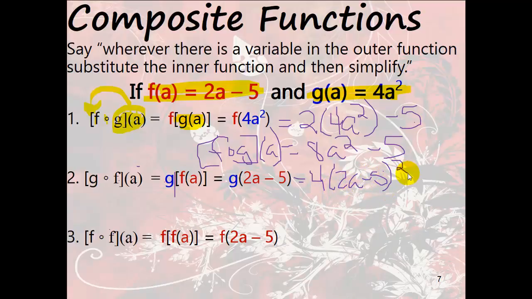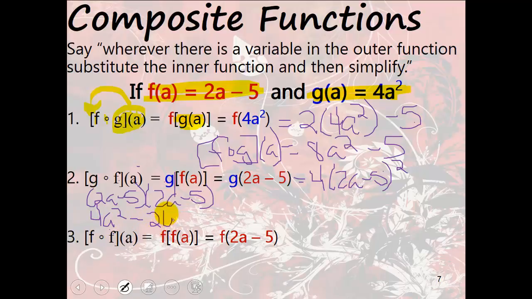This is a binomial, so we have to expand that. So that's 2a minus 5 times 2a minus 5. And I get 4a squared minus 10a, which is negative 20a, plus 25.